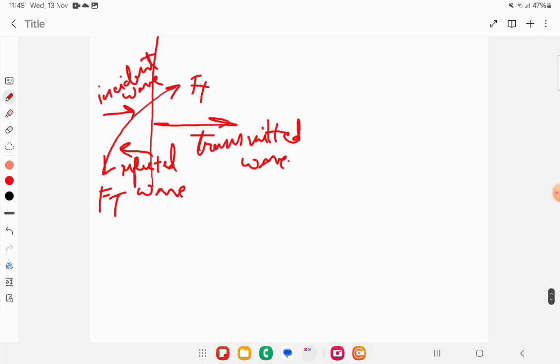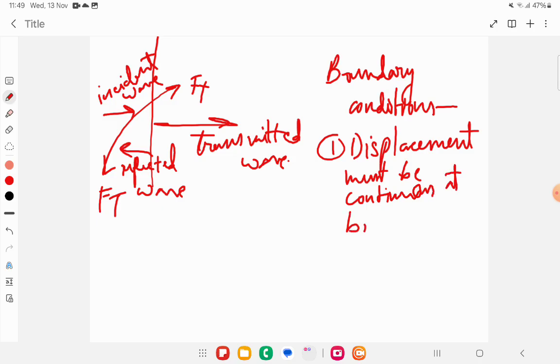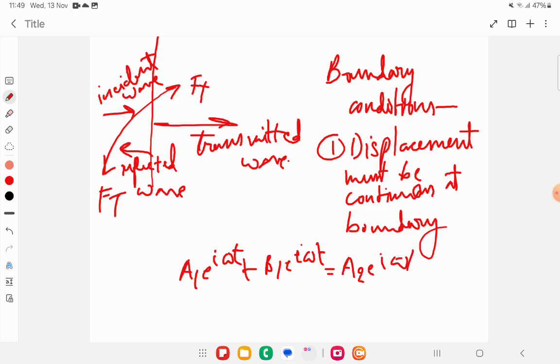Now we will apply boundary conditions. Displacement must be continuous at the boundary.